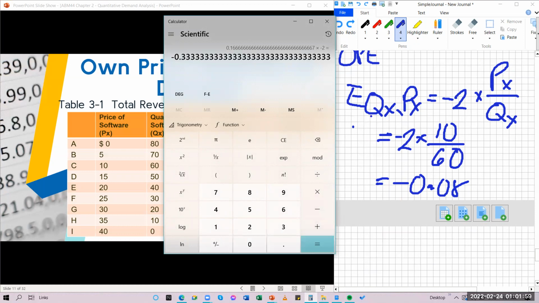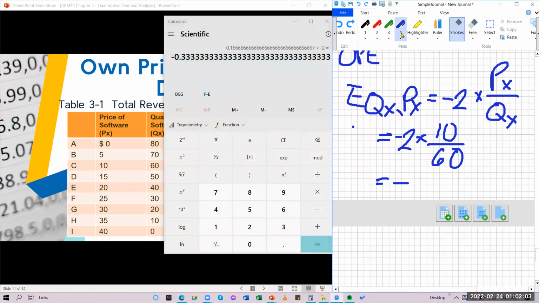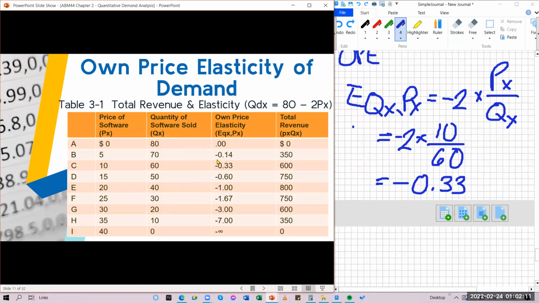Okay, sorry. So this is the correct one, it is negative 0.33. So we are correct, and we are following our table correctly.